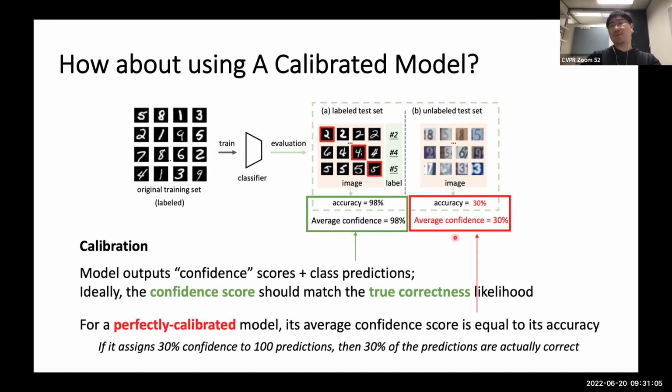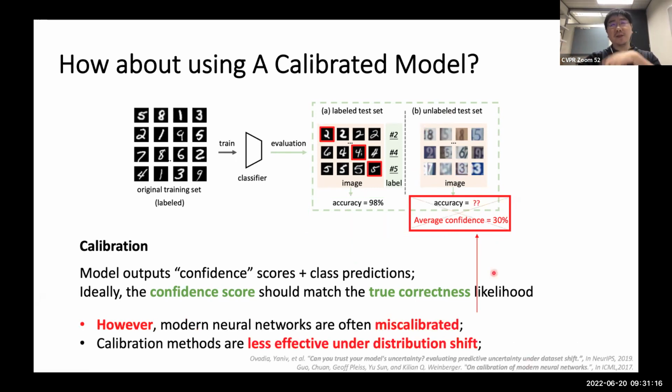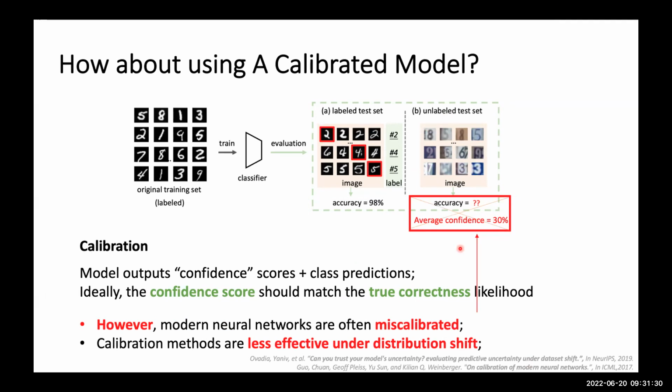We calibrate the model and use the model confidence to indicate the model accuracy on this unlabeled test set. However, the problem is that usually our networks are miscalibrated. In many scenarios, our calibration methods are less effective under distribution shift.